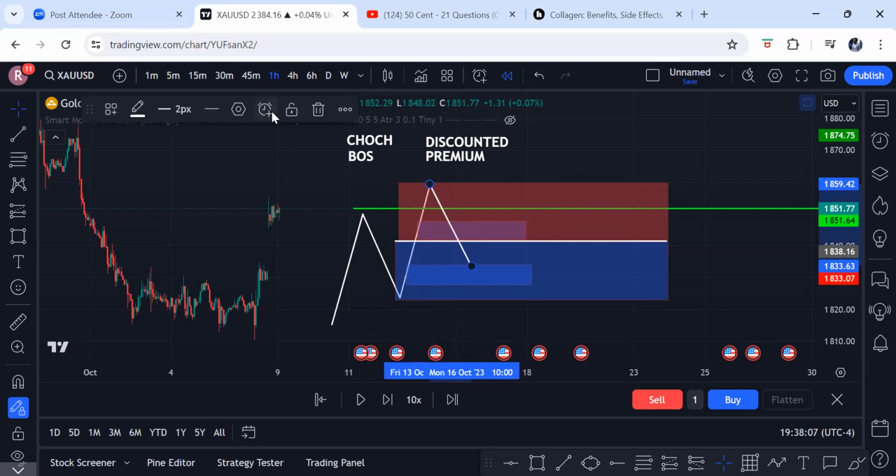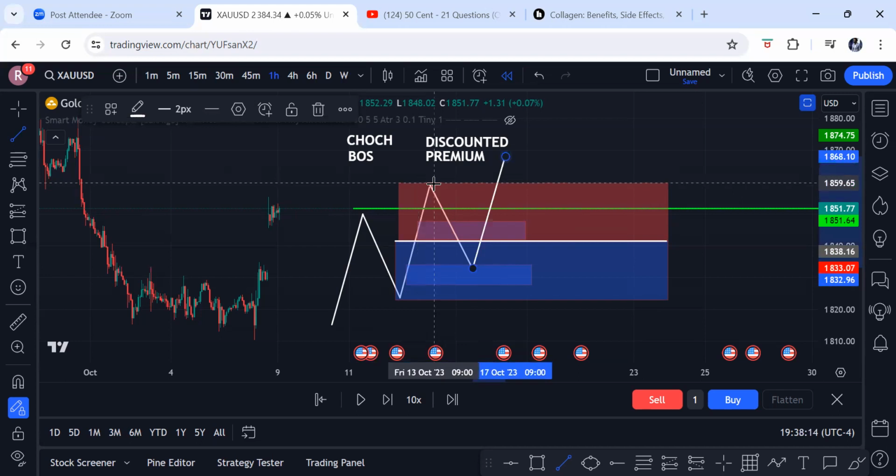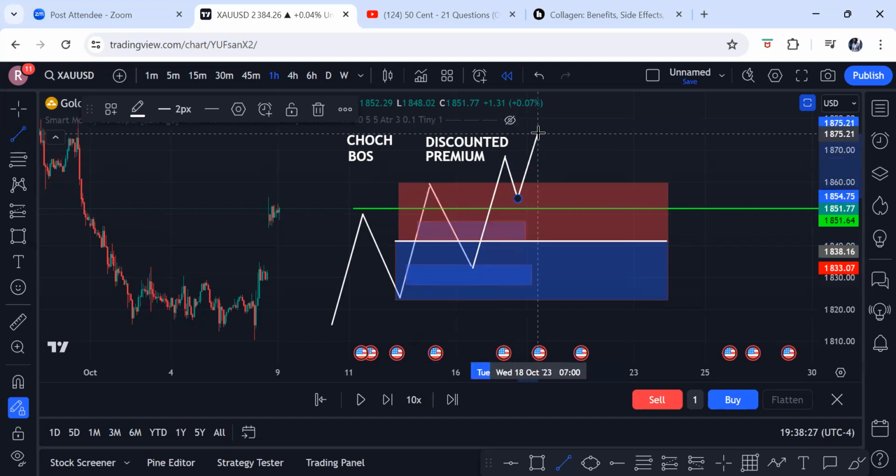Now, every time price goes ahead and breaks a high, we can then pay attention to the imbalance that may be created in that particular break. So let's say this happens, and price goes ahead and creates another break of structure.